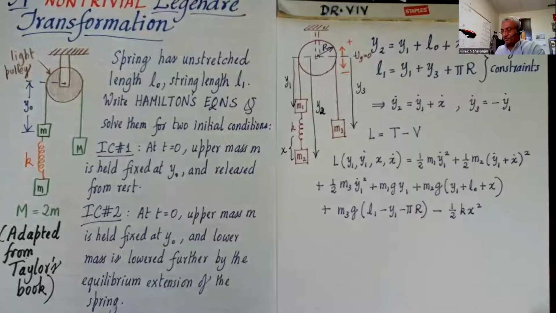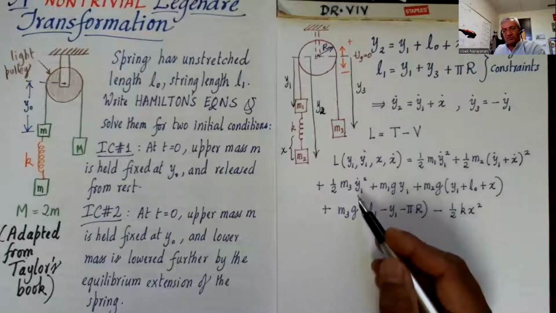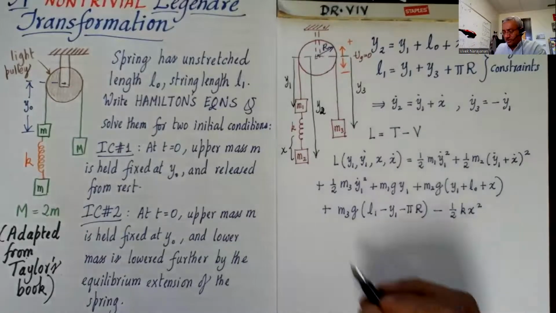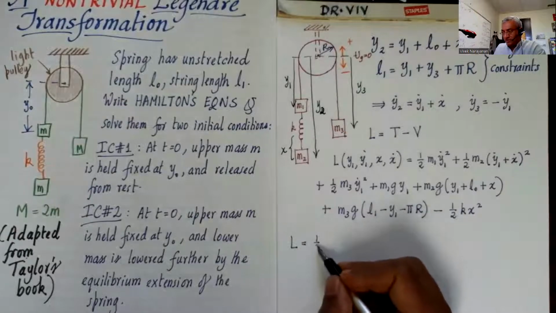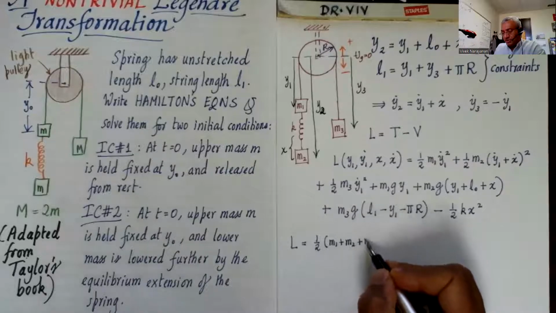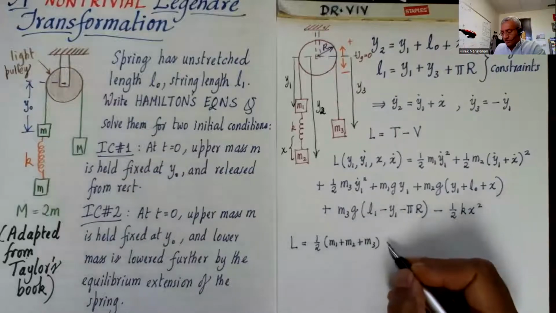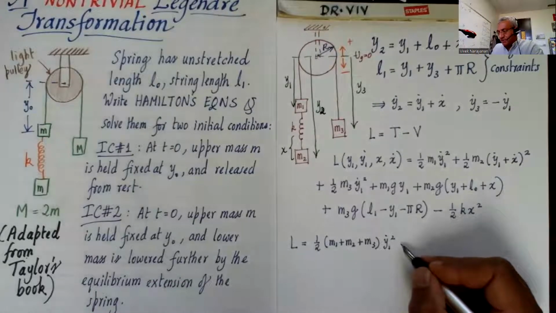We can certainly simplify it a little bit, because I have y1 dot squared in three places. So I can write this Lagrangian as 1/2 (m1 plus m2 plus m3) y1 dot squared. Now what I have done when I did that is to expand this out.